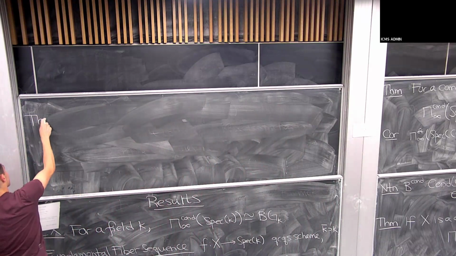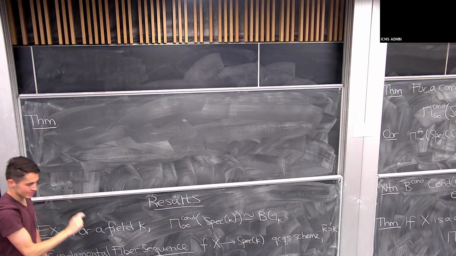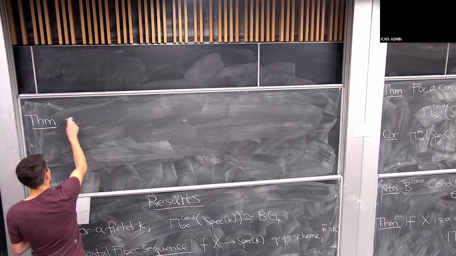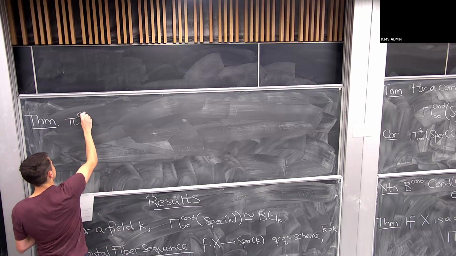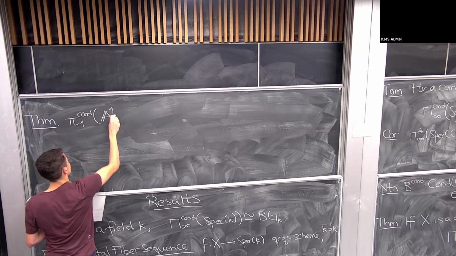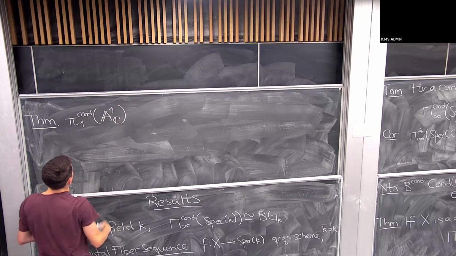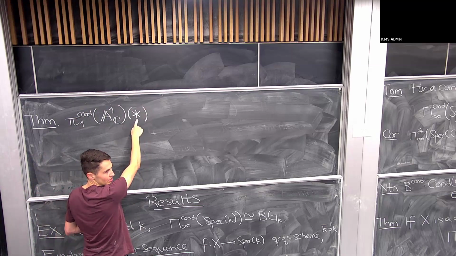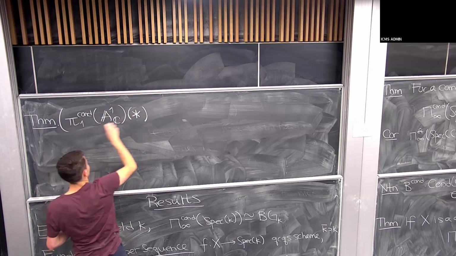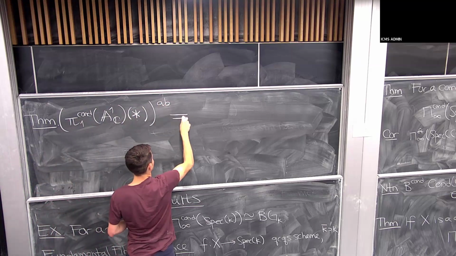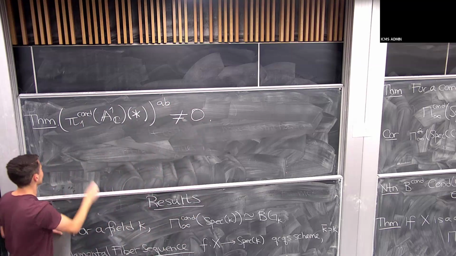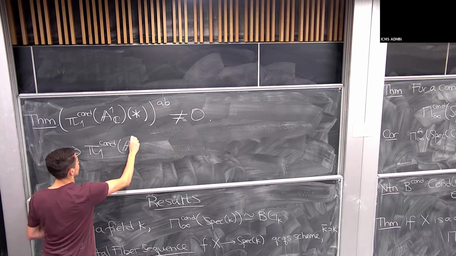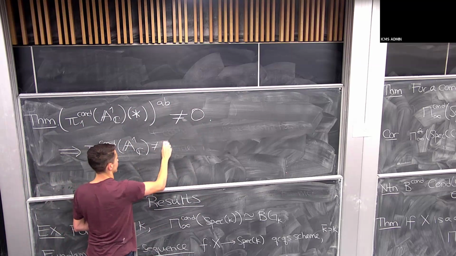The theorem is, you might ask, what happens when you do A1 over the complex numbers? I'll say something even stronger. I can take its underlying group, so the global sections of this condensed group, and then I can even take its abelianization, and this is not zero. So in particular, pi 1 cond of A1 over the complex numbers is not the trivial group.